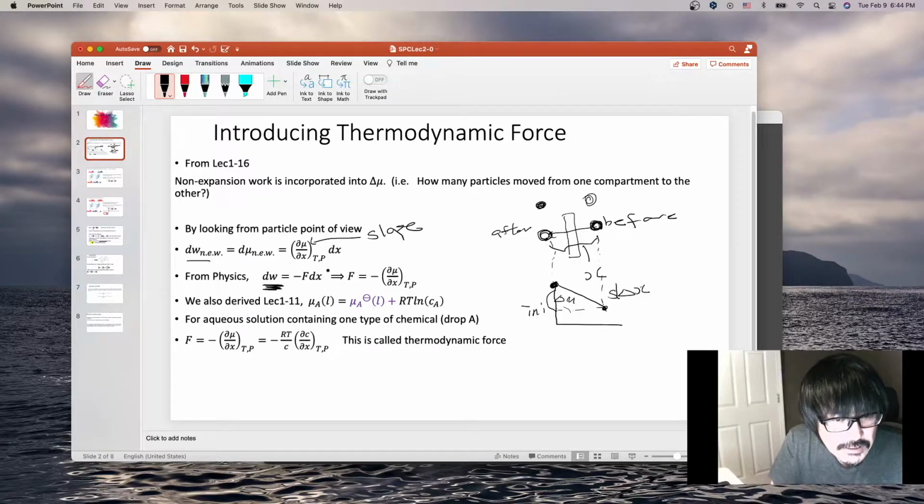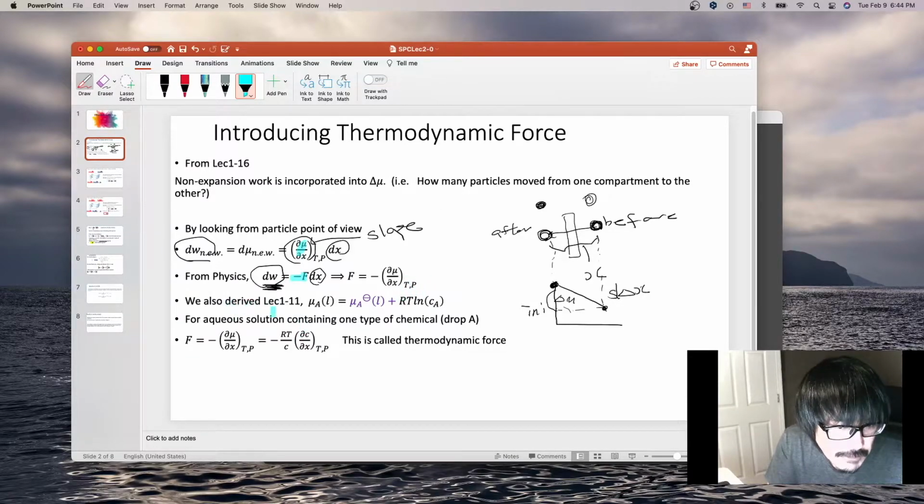So that means that the force right here, because you see that the dx is here, the left hand side is the same, right? Then that one right there has to be the same as that guy, right? So that's what I have right here. The force has to be equal to negative d mu dx when the temperature and pressure are constant.